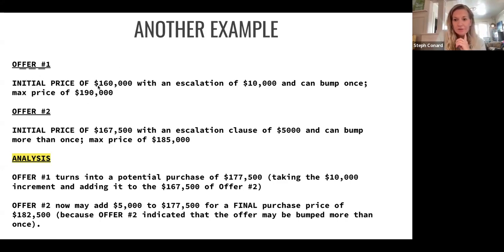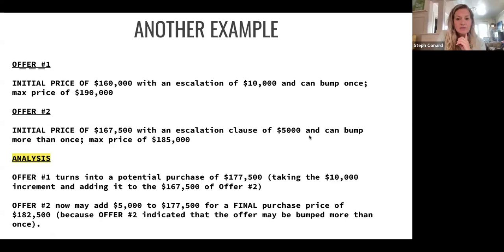Now, that 190 purchase price that can only bump once, you can kind of see how offer number one looked better because it was a max price of 190 and an escalation of 10,000, but really it was offer number two that won out because you could bump it more than once.